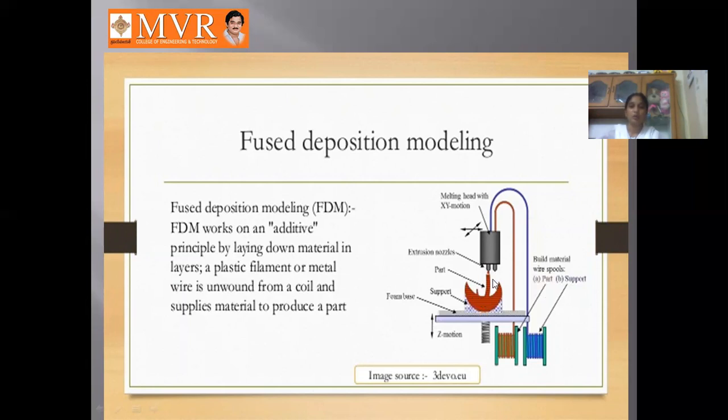On the base material there is a supportive part. The product which we are manufacturing is kept here with this support, and then it gives the connection to the part and the support connections. After that, if we start the modeling process, the support automatically supports the manufacturing of the product.